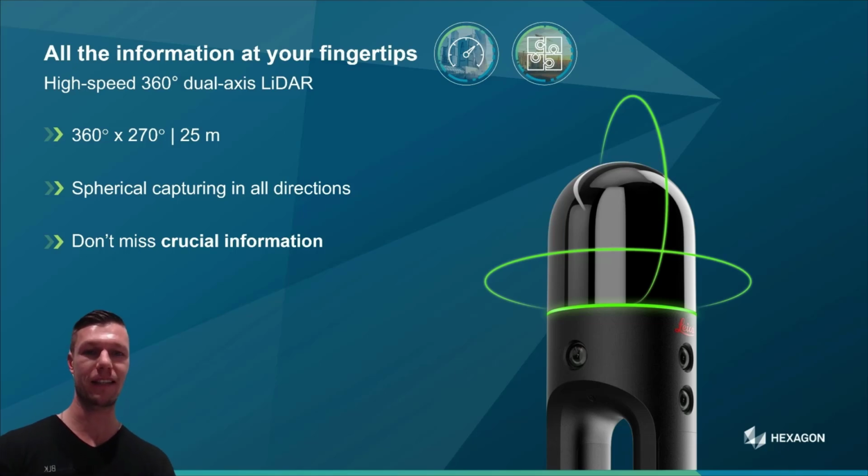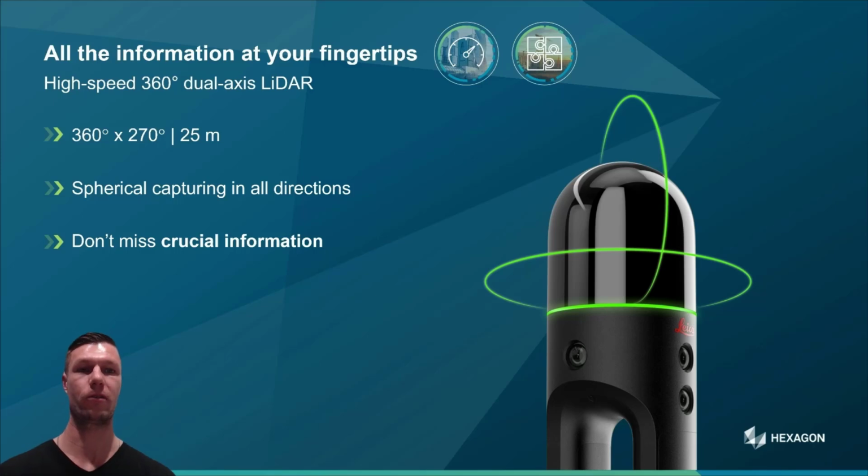So it's a 360-degree LiDAR, ensuring that in all directions you captured the data. And this with a nice large radius of 25 meters, giving you a diameter of 50 meters to ensure that even the larger areas of, for example, the Swiss Optic facilities can be captured very well. So for you at the end, it means that you don't miss any crucial information. It's completely and fully covered.